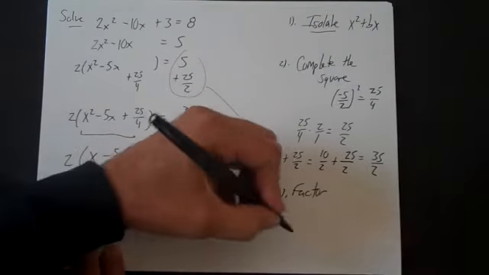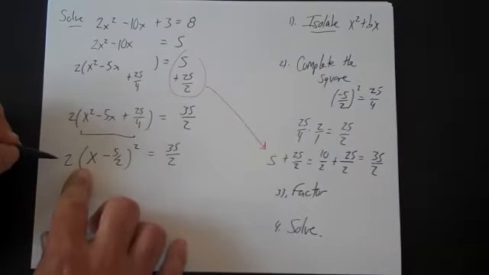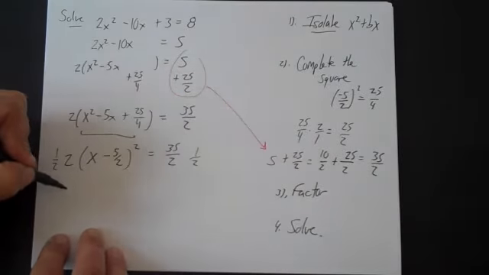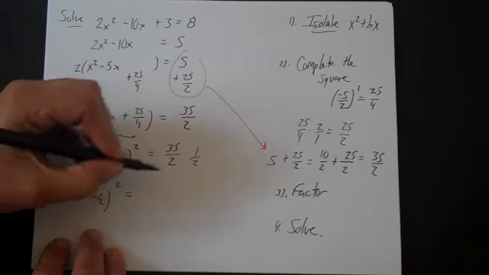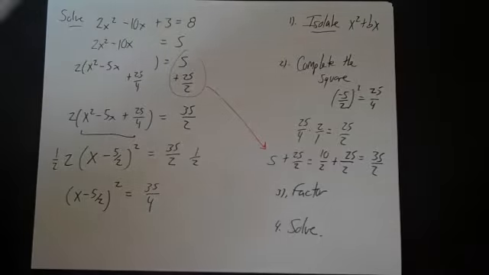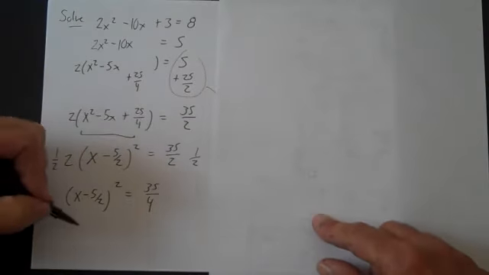And now the fourth step, once you factor it, is just solve. So you're going to divide by 2 or multiply by 1/2. And that becomes x minus 5 halves squared is equal to 35 over 4. And now what you're going to do is take the square root of both sides.